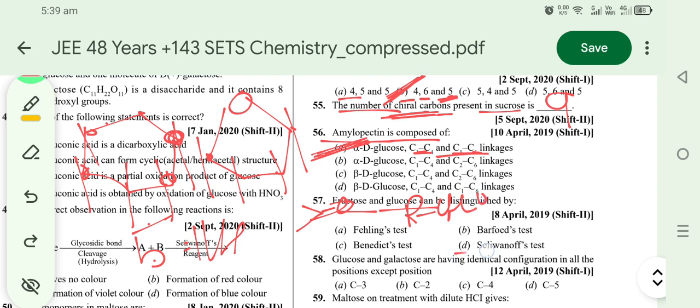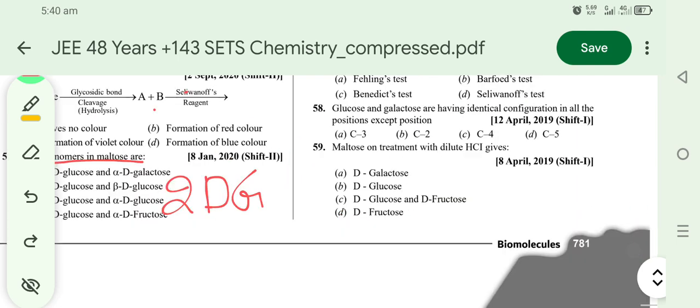These are distinguished by the Selivanoff reagent. Fructose gives a fast test. Glucose and galactose have identical configuration at all positions except the fourth carbon. All remaining configurations are the same, hence they are C4 epimers.